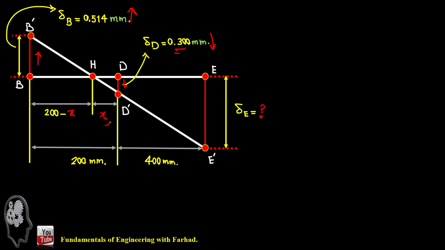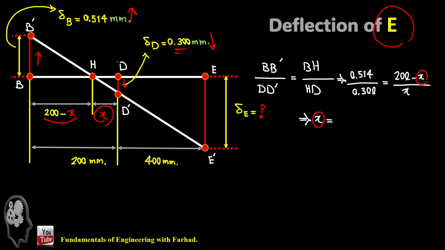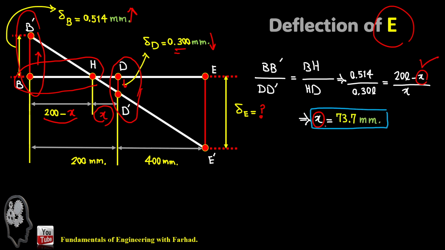If we just call this length x, this is definitely 200 minus x, and if we just jot down the equation, then we are looking for deflection of E. So BB prime over DD prime is equal to BH, this length, over DH or HD. And the only unknown in this equation is x. If you solve it for x, it gives you x is equal to 73.7 millimeters. So we already know what x is.